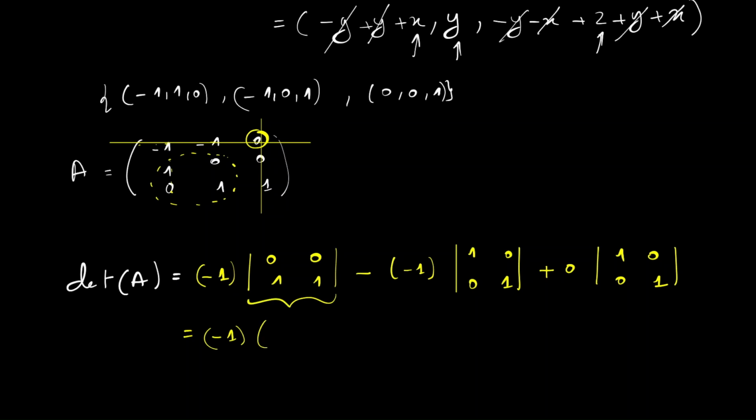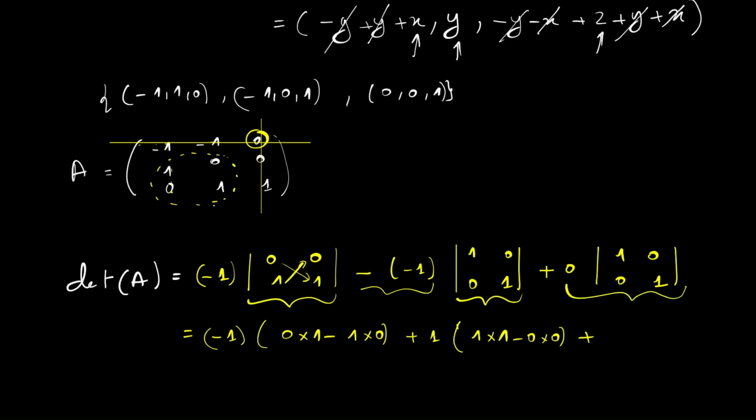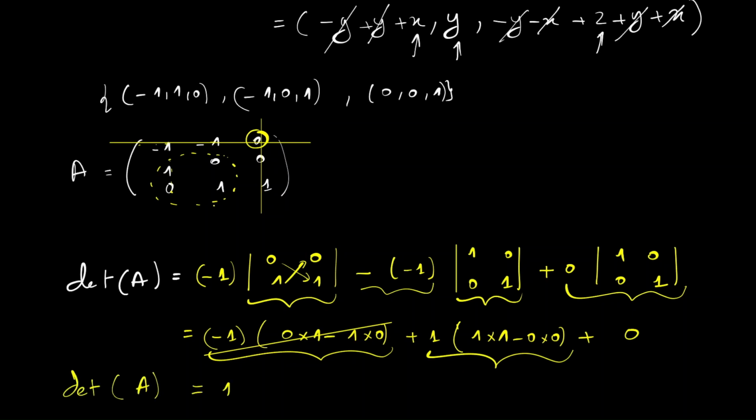To calculate the determinant of a 2 by 2 matrix, we do this: 0 times 1 minus 1 times 0. Here I have plus 1 times the determinant of this matrix, plus 0 times a number which is 0. Here I have 0. Here I have 1. Then the determinant of A is equal to 1.